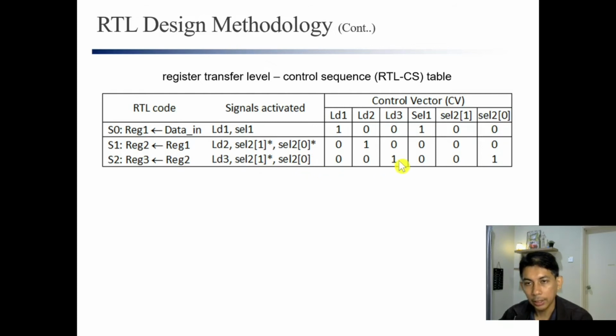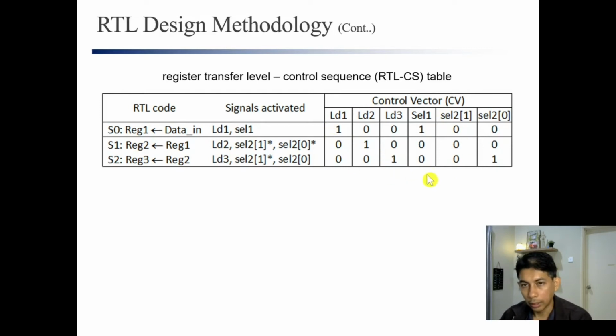So LD3 is 1, and this one is 0 1. So this is the signal that should be activated at S0, S1. These are the signals that should be activated, and here the signal is this, right?